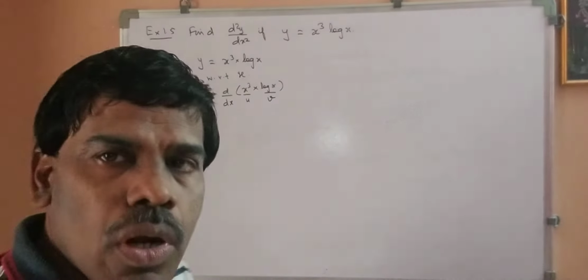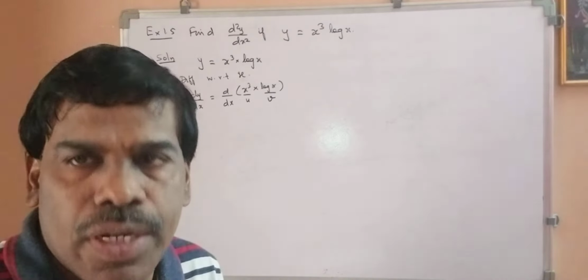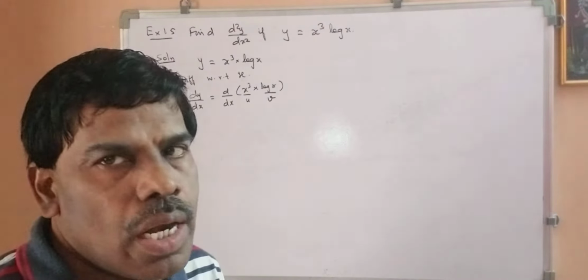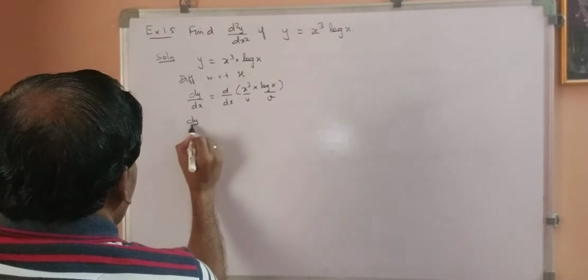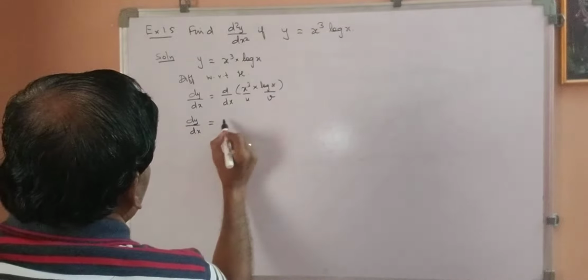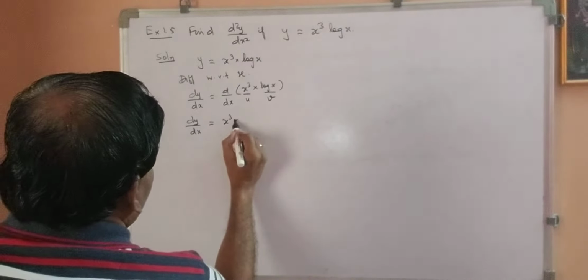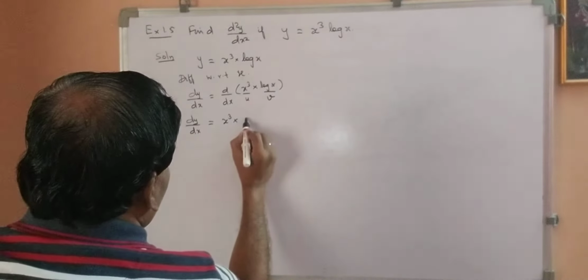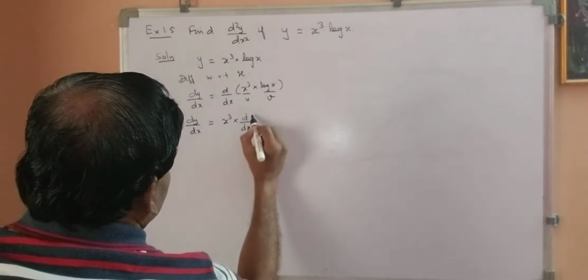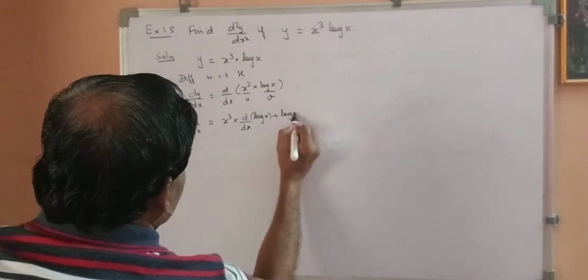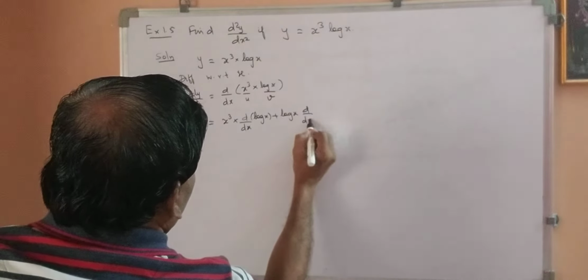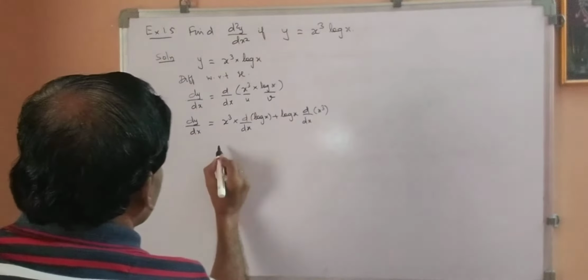UV method means keep one and differentiate the other, then keep the other and differentiate the first one, right? So, dy by dx equal to, first I will keep x cube, and derivative of log x, plus log x into derivative of x cube, right?